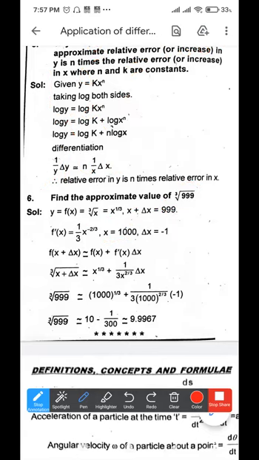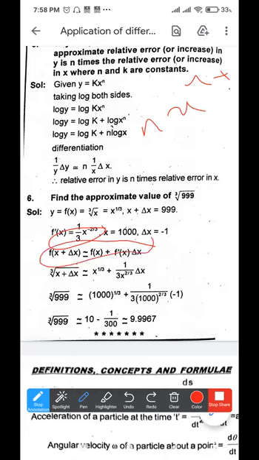Now differentiation of x power 1 by 3 is 1 by 3 x power minus 2 by 3, because differentiation of x power n is equal to n x power n minus 1. Okay. So we will get 1 by 3 x power minus 2 by 3. Substitute it in the formula.